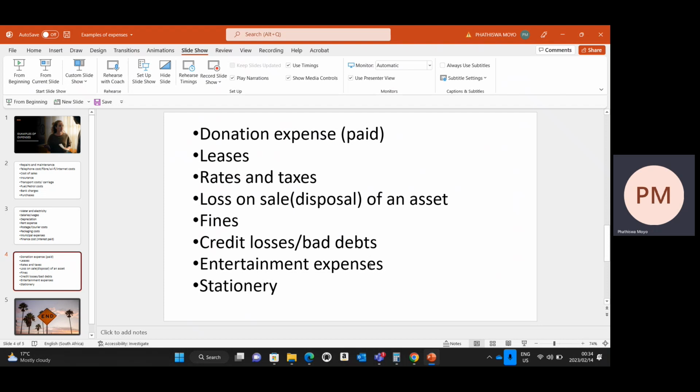I am emphasizing what examples of expenses actually include in real business life. You saw that there was also marketing, there was research. So I hope you never struggle with examples of expenses again in your accounting life.